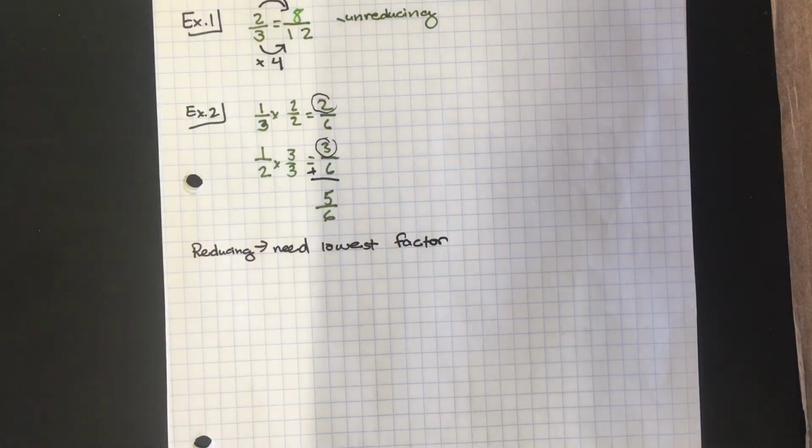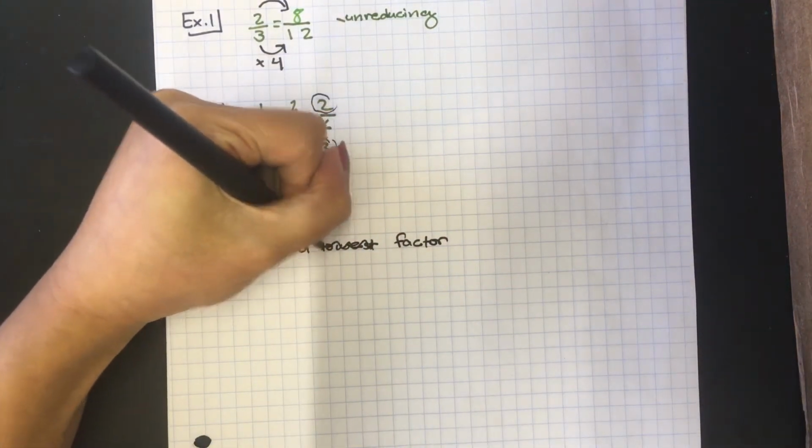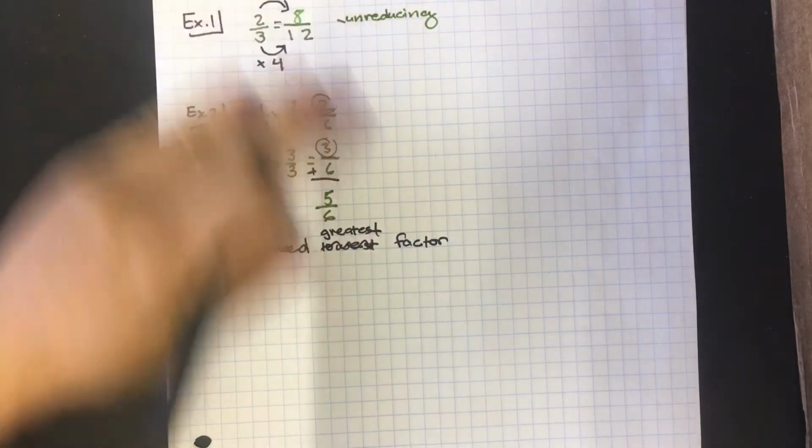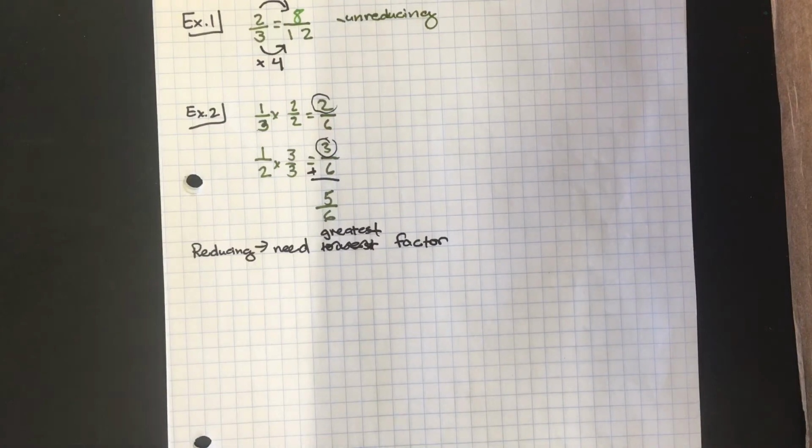Remember, factor is the numbers that we use to multiply. The reason for that is because we're going to, oh wait, sorry, not lowest factor. I want the greatest common factor. Ooh. Okay, sorry.